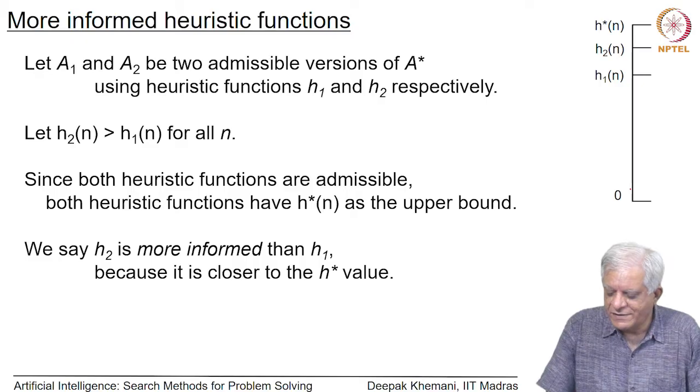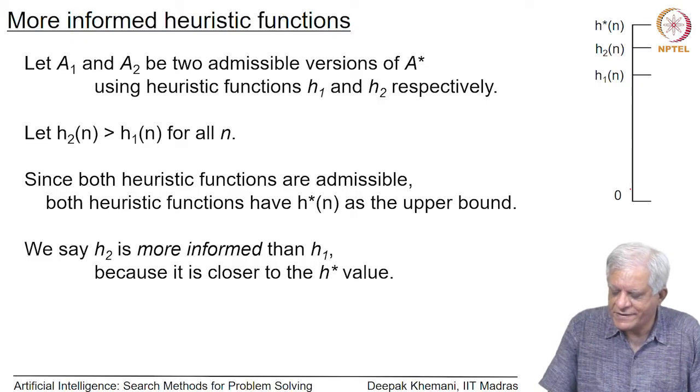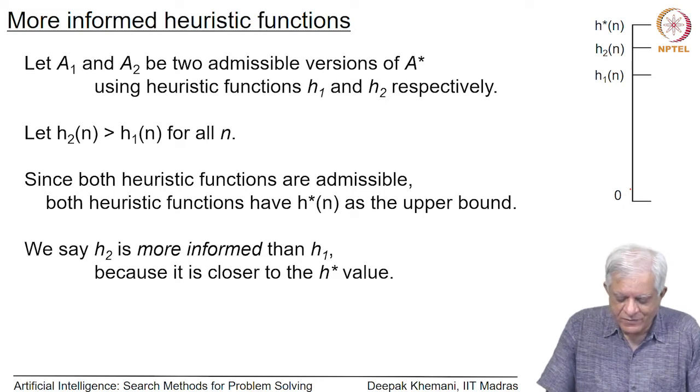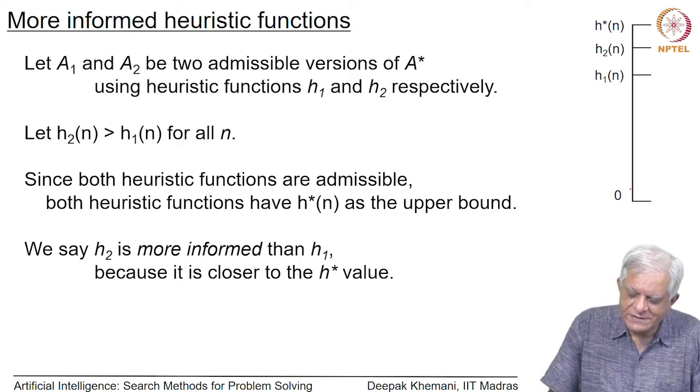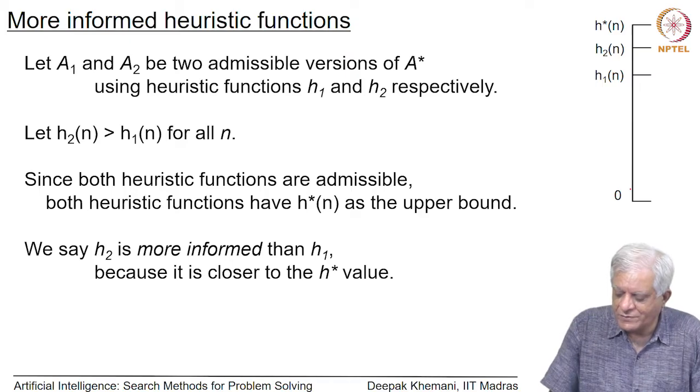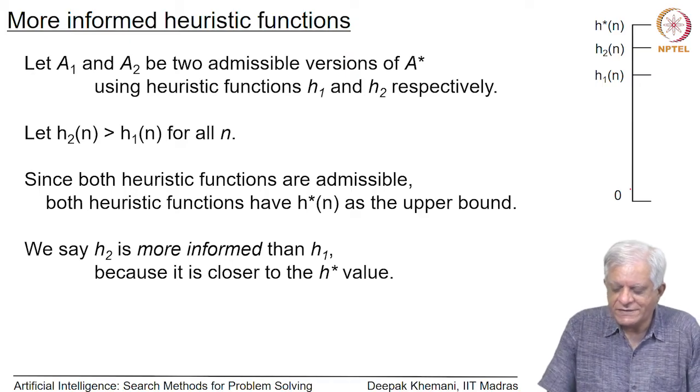Again, clearly we can see that if H of n is 0, as is the case for branch and bound or Dijkstra's algorithm, it does not use that estimated distance information at all. What we are saying now is that as the h value increases, if a function H 2 always returns a value which is more than a function H 1, then we say H 2 is more informed than H 1.